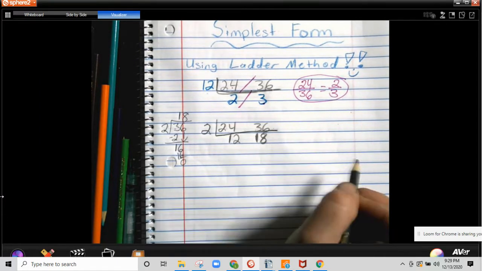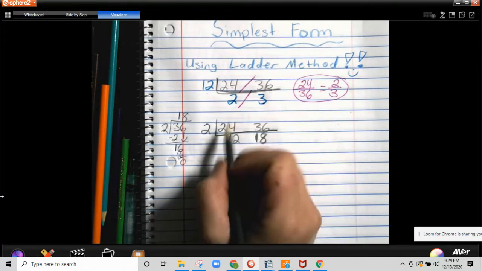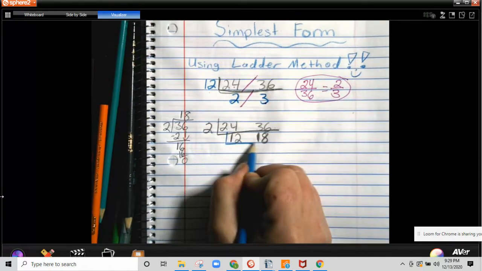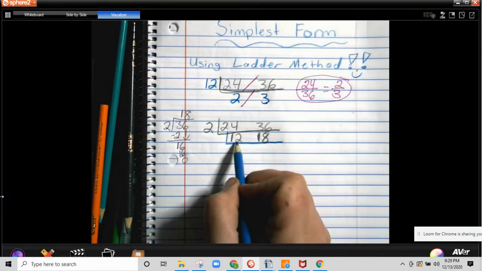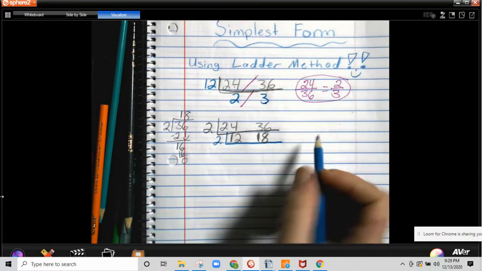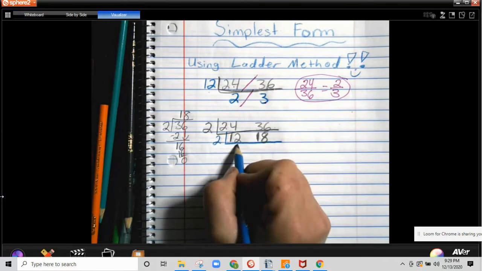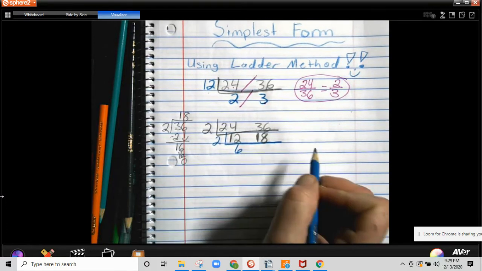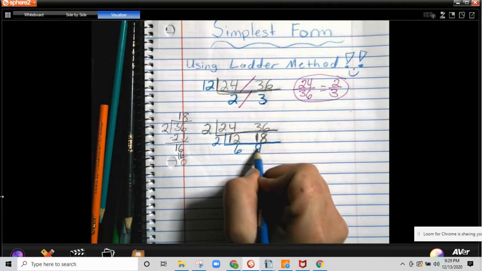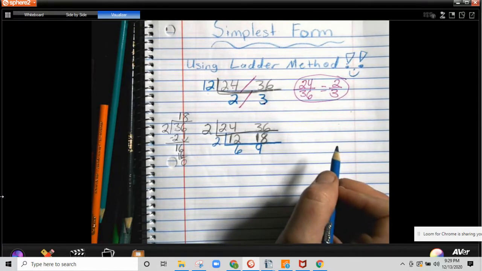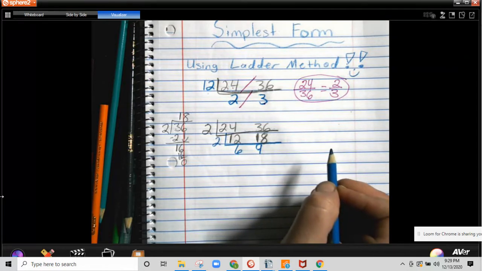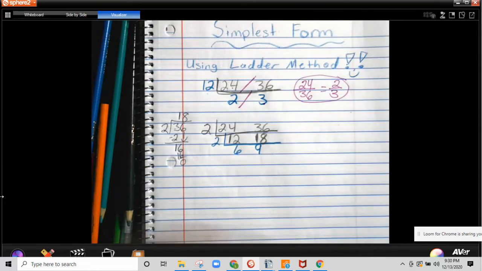They're both composite. You know what? I can keep going. Let's do that. What number goes into both 12 and 18? Hey, you know what? Let's do 2 again. 2 goes into 12 6 times. 2 goes into 18 9 times. Are they both prime? No, they're composite.